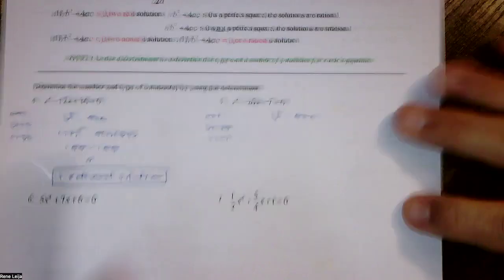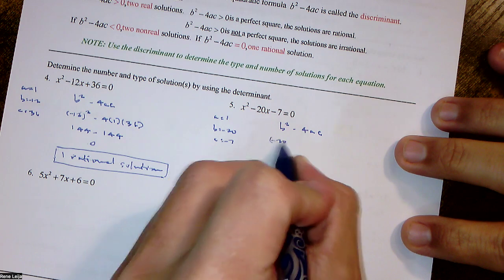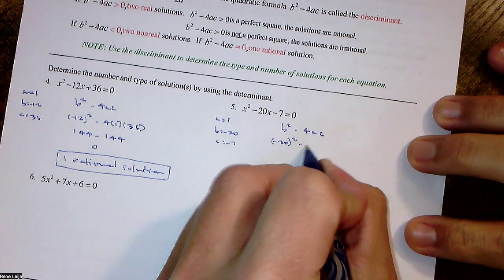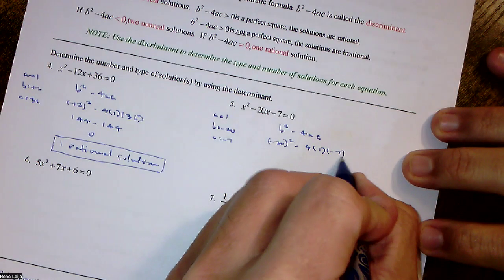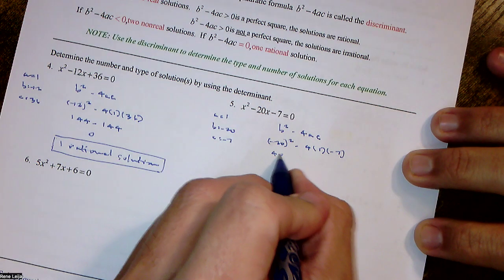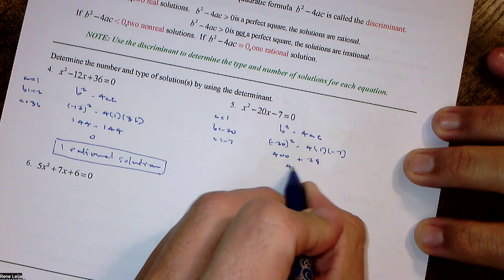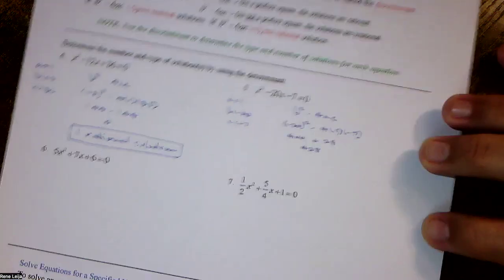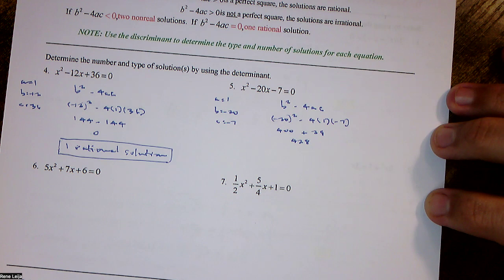Okay, so here we go. So minus 20 squared minus 4 times 1 times minus 7. So this is 400 plus 28. So 428. This is not a perfect square.